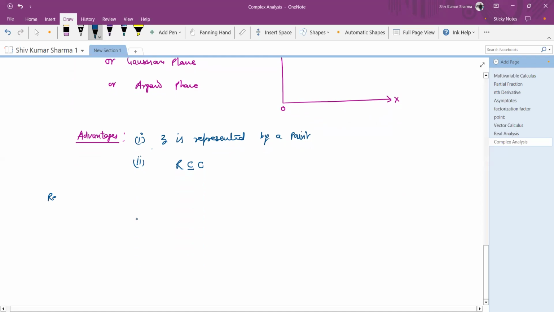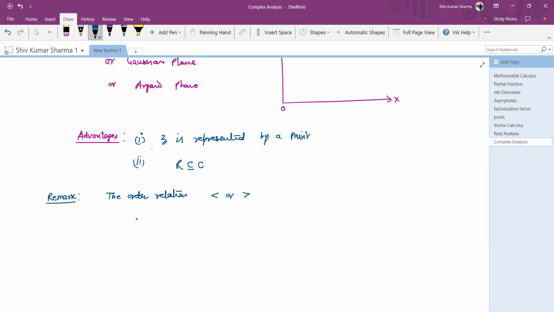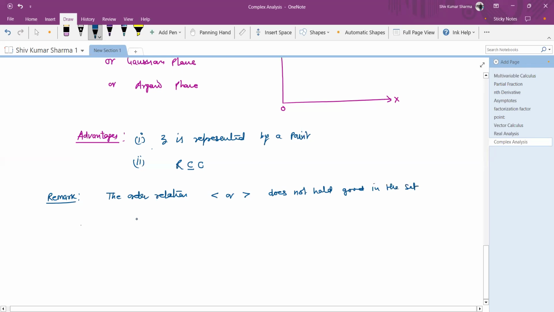So we remember one remark for this also. So what is the remark? The order relation, less than or greater than, does not hold in the set of complex numbers.